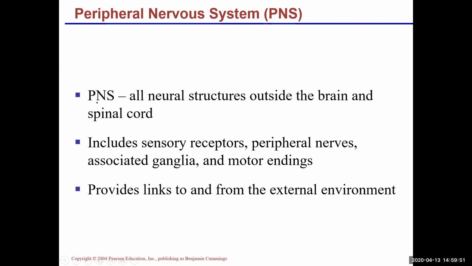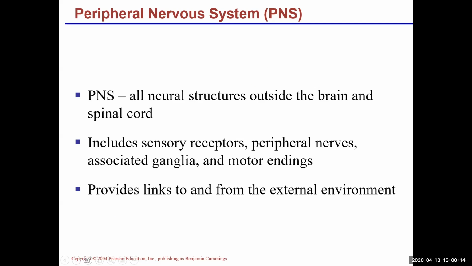So you can sense different things, and it will be able to communicate, for example, if the temperature is hot, that's the external environment. What we're going to be doing is mostly going over the peripheral nervous system and the types of sensory receptors.